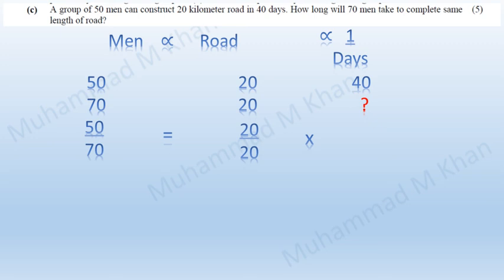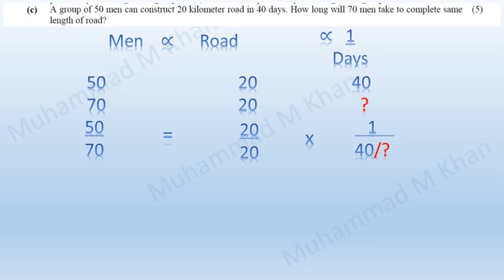So this ratio will be written as 1 over 40 over question mark, not as 40 over question mark as it appears. This is because of the inverse relationship of days with men.